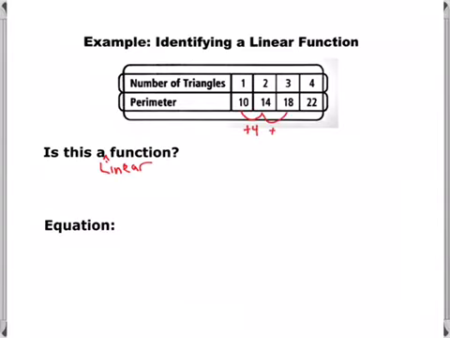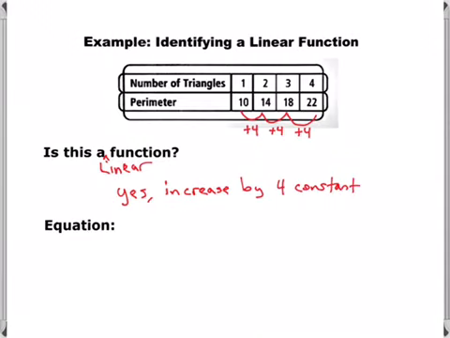From 14 to 18, they're adding 4. And from 18 to 22, they're adding 4. So this is definitely a linear function. It's increasing by a constant, and that constant is 4.